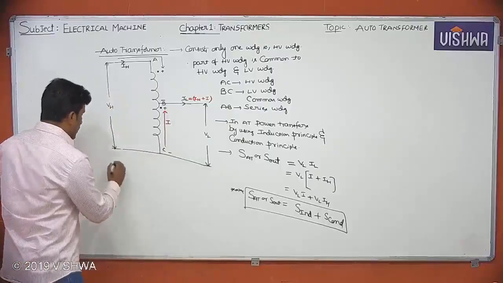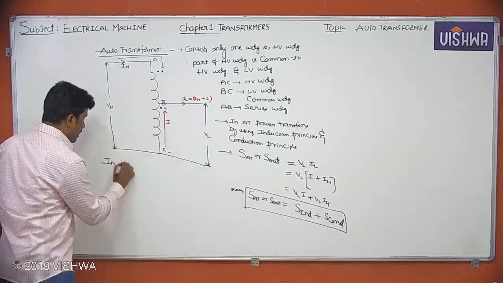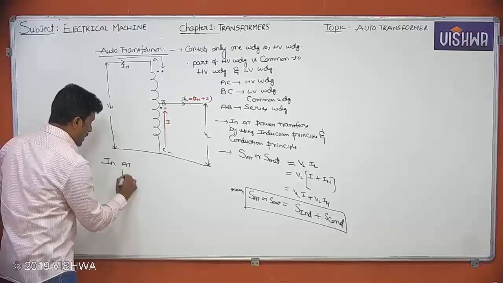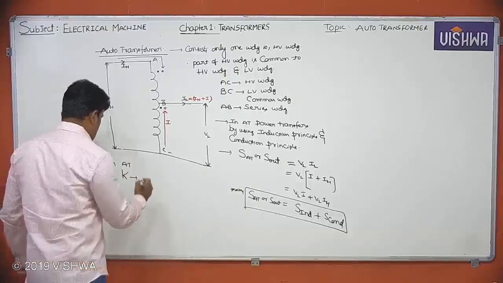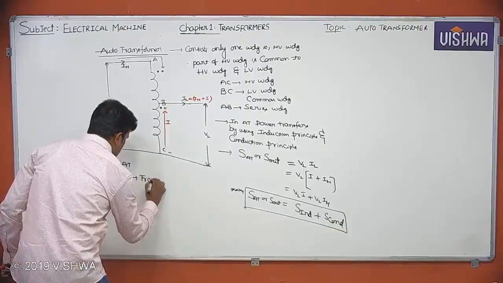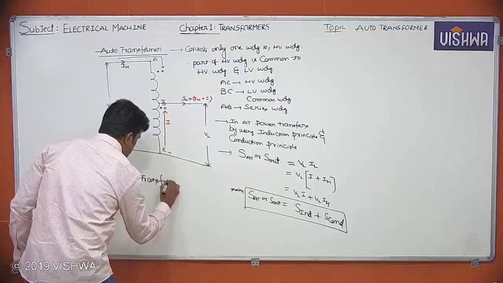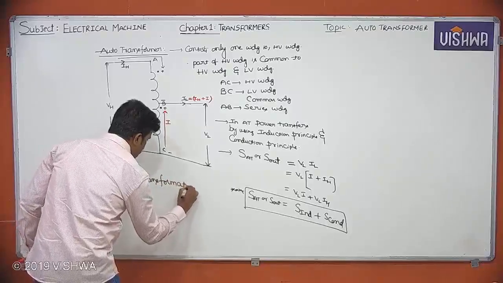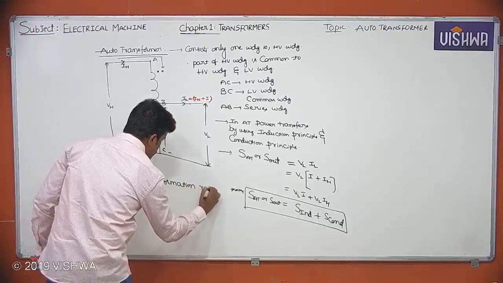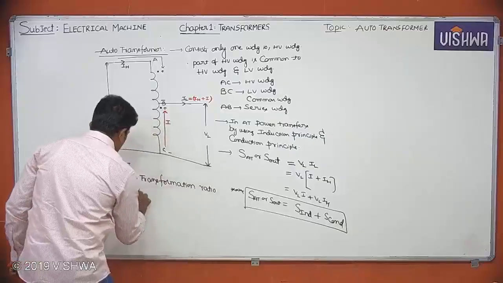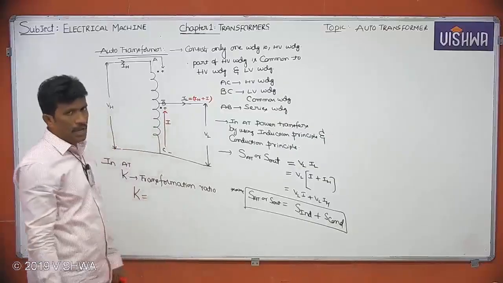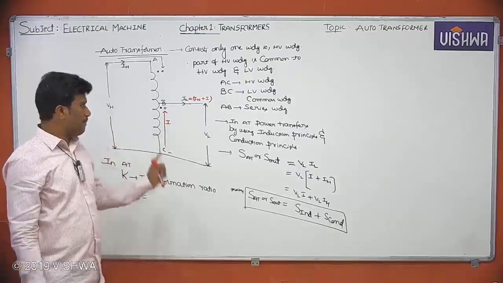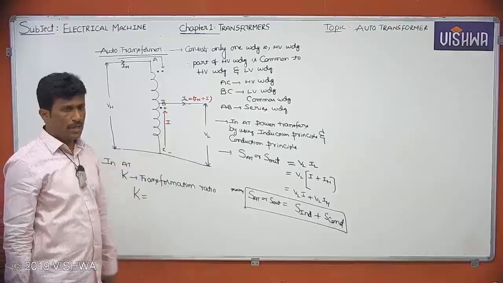And tell me guys, in auto transformer, K is nothing but the transformation ratio. K is equal to the formula. Always I'm saying, always step down or step up, you can take any one.